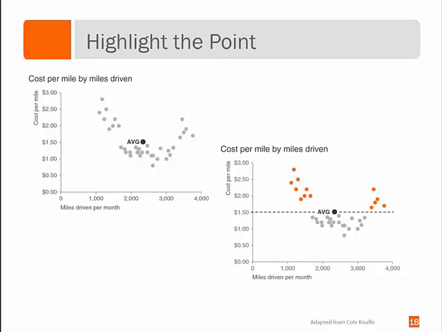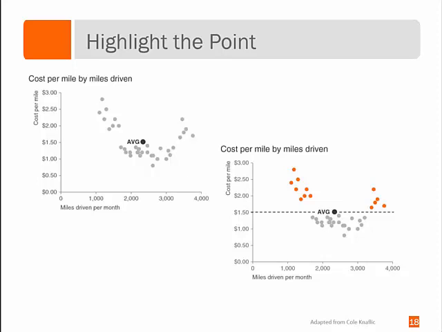I'm a very strong proponent of including means or medians, some reference point in every data visualization, particularly with plotted points or trend lines. So we see that average line in there. We've left in gray everything that's below the average, but we want to highlight everything that's above the average.